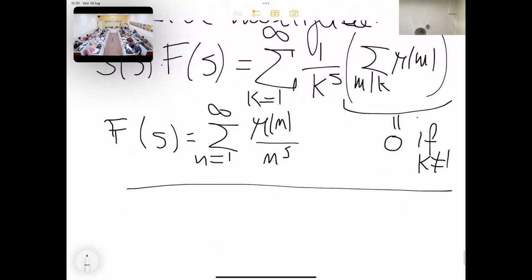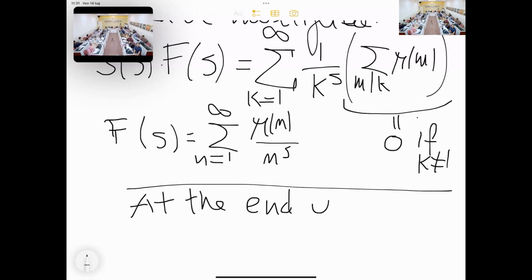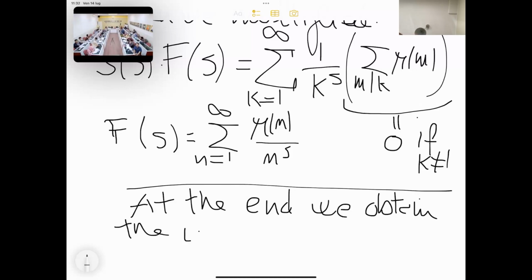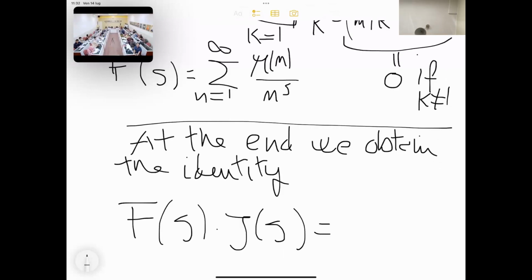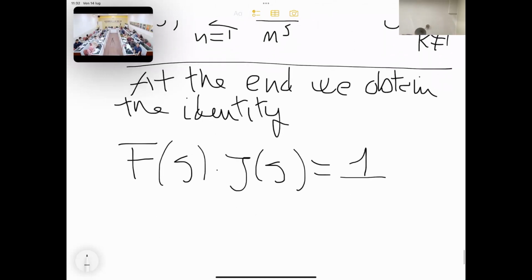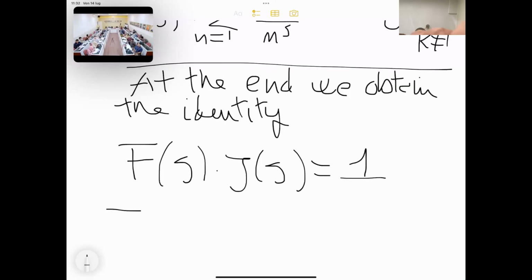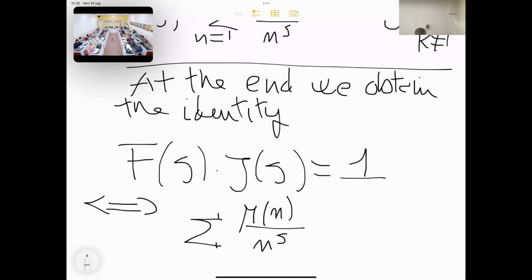So at the end, we obtain the identity that f of s times zeta of s is just 1, which is equivalent to saying that the sum of mu of n over n to the power s is equal to 1 over zeta of s.